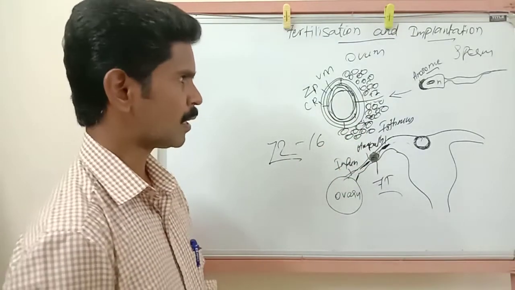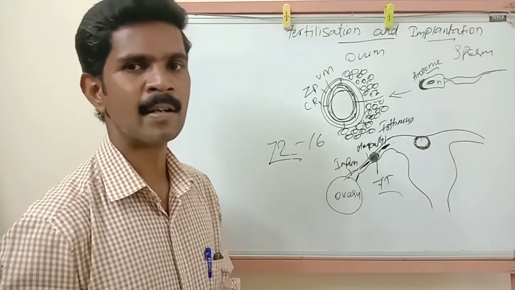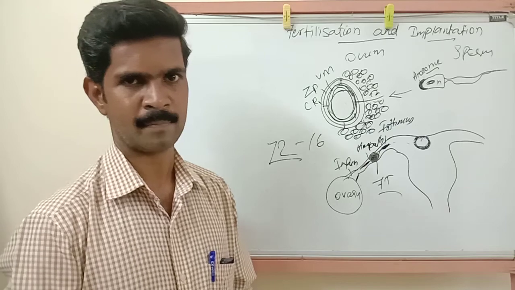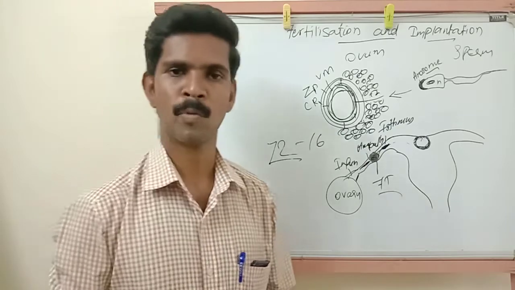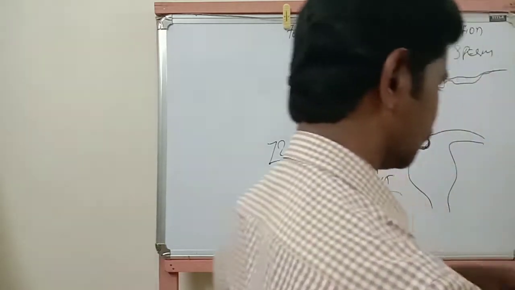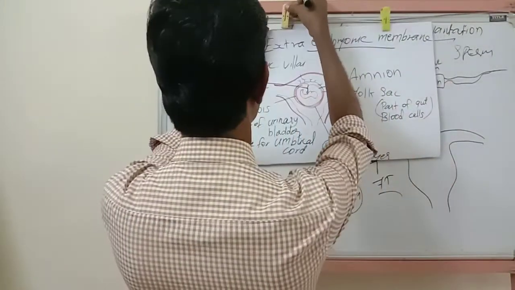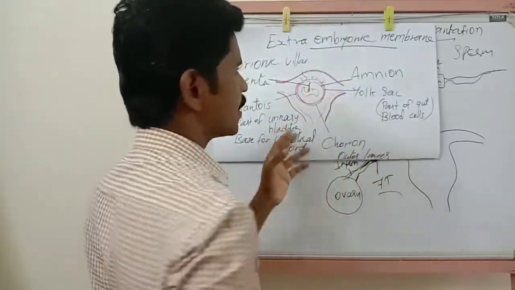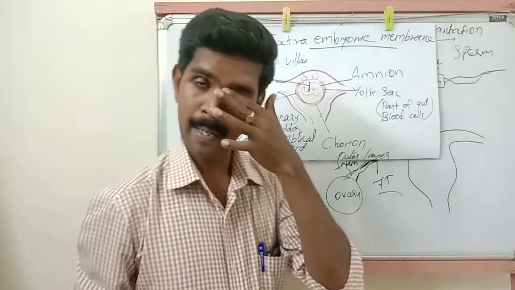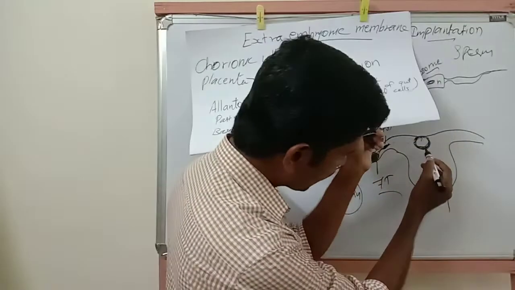Then next we are going to study the extra embryonic membranes. This is a very important 2-mark question. Listen very carefully. Embryo means the fetus or the baby developing inside the uterus.